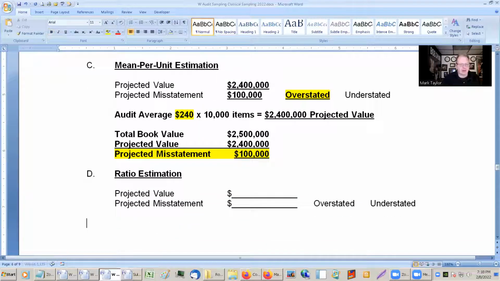Let's come down here. We have ratio estimation, and it says that everything is off by the same ratio.